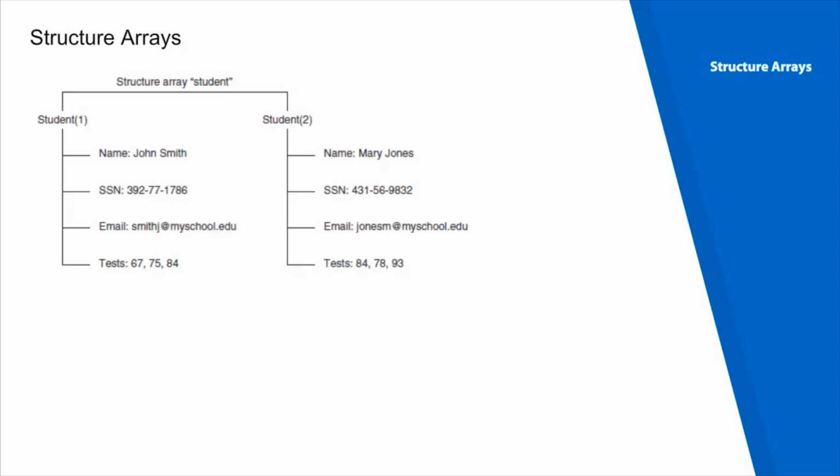This is how the data is stored in a structure array. So basically we have a structure array of students, where we have student 1 and student 2, and each of them has field names like name, SSN, email and test, that store the name, social security number, email and the test scores.